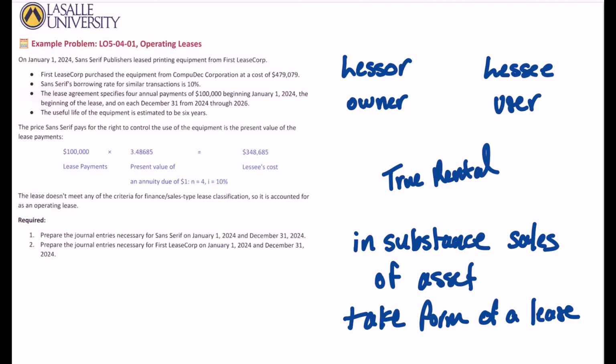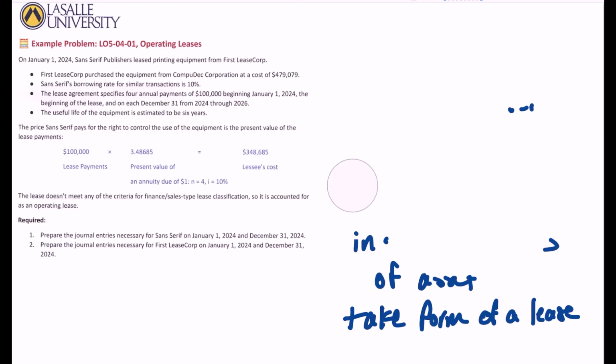And that is important because when we did the accounting for a finance or a sales type lease where we had a sale in substance, we accounted for it as a sale in substance. So the lessor removed the asset from its financial statements with a journal entry. And so this is going to be a little bit different in an operating lease because the lessor still retains ownership of the asset even though it's lending the asset out.